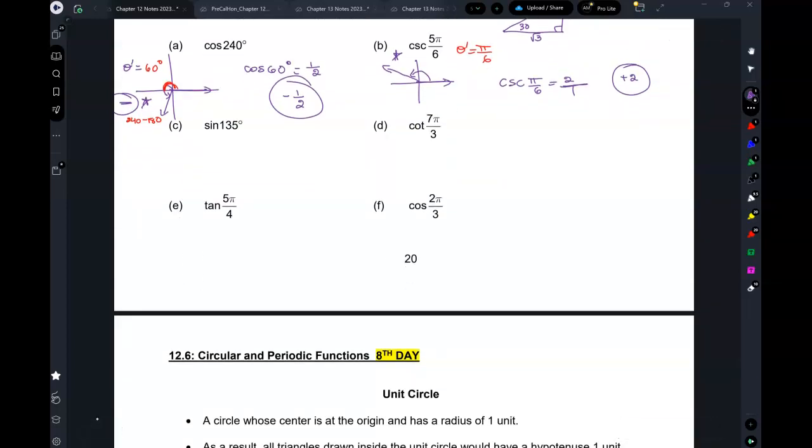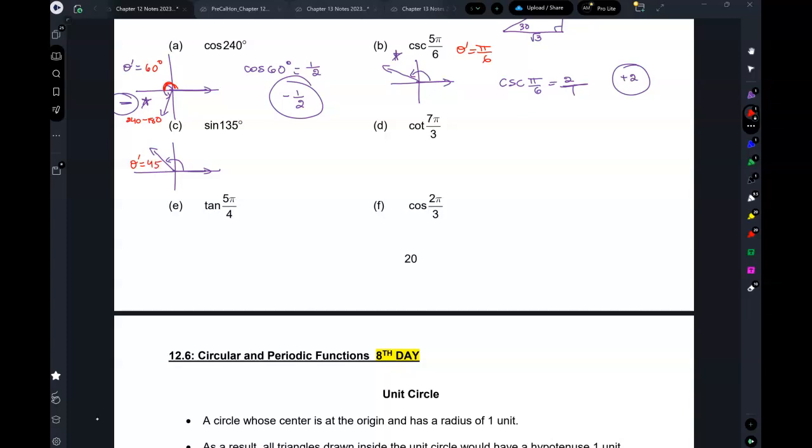Okay, 135. 135, right there. How much is theta prime? Use your calculators, figure this out. 45.